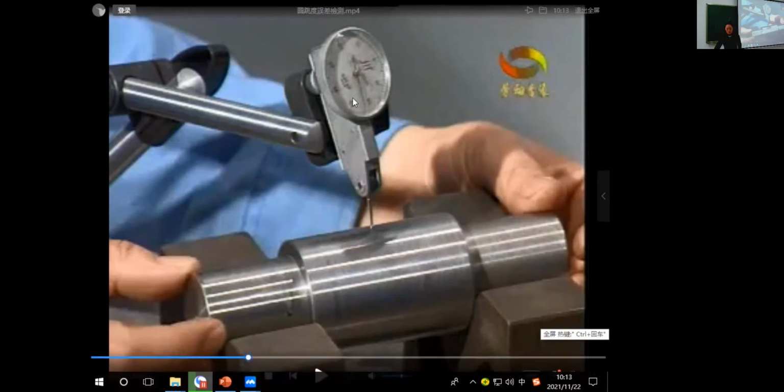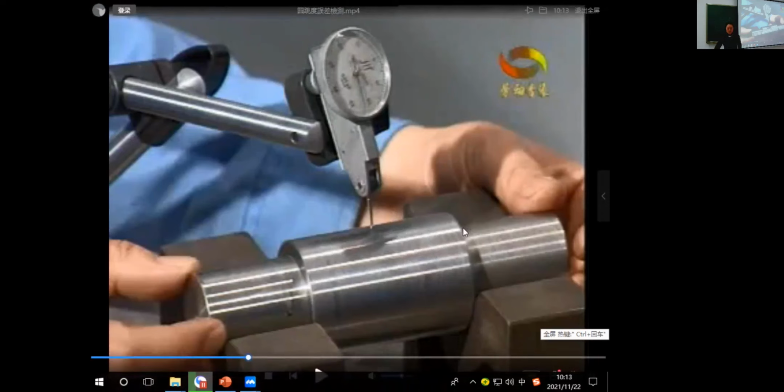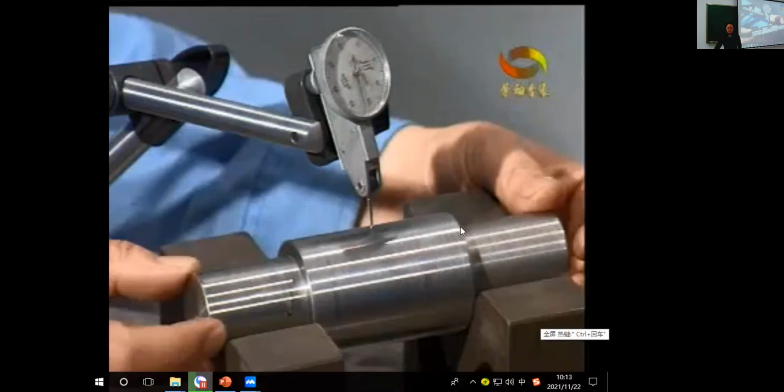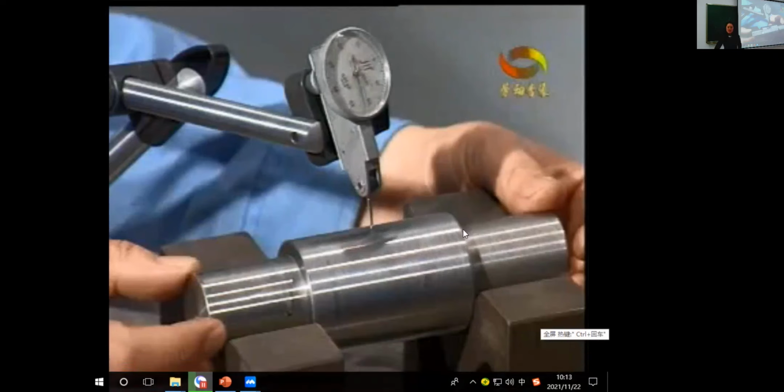We also use this device to measure this end surface, rotate 360 degrees and get another data. That is the axial runout, right?